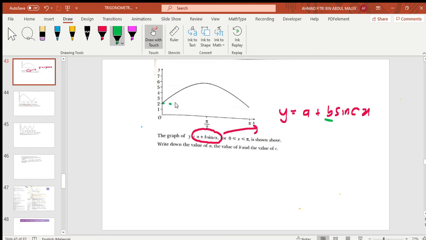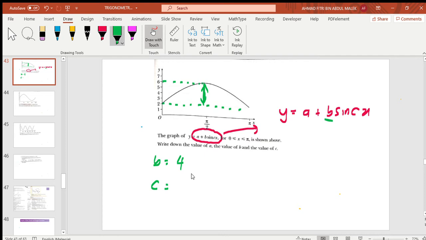Starting dia -2. So you nampak kat sini dia punya amplitude is 6. So therefore our B is 6 minus 2 is 4. Remember the amplitude is the distance here, not ke bawah not with the axis x.